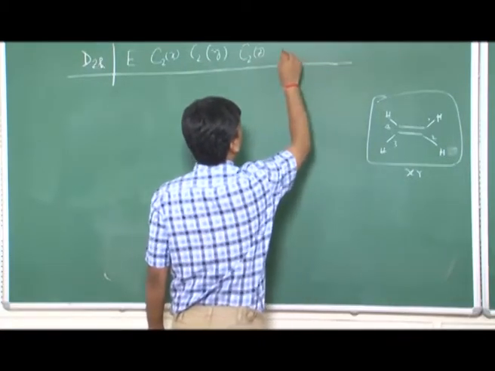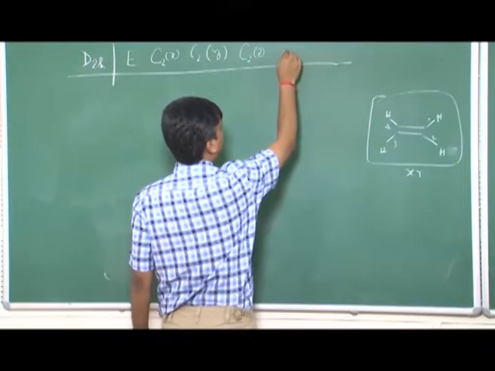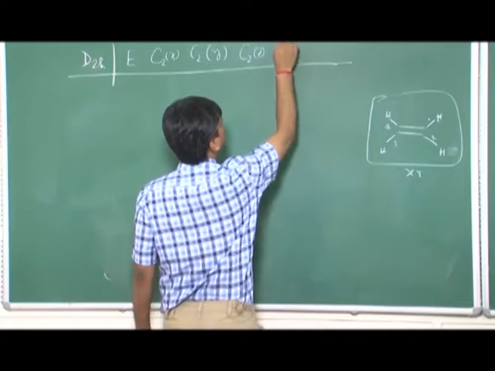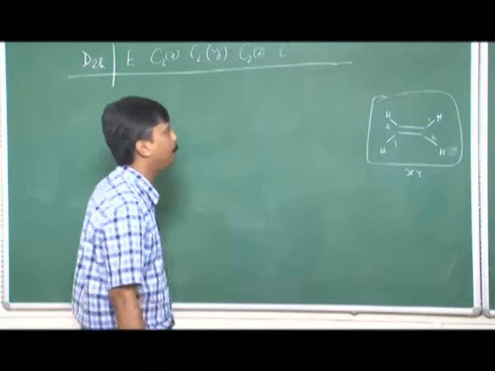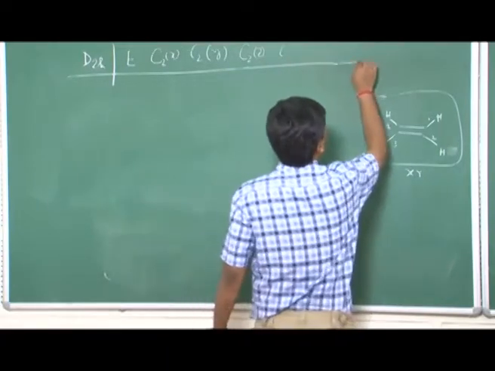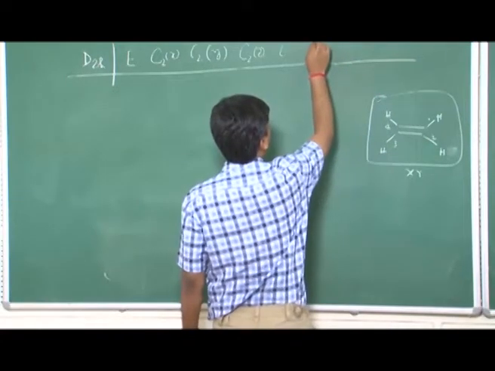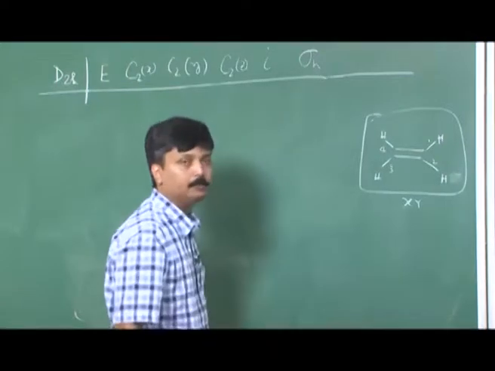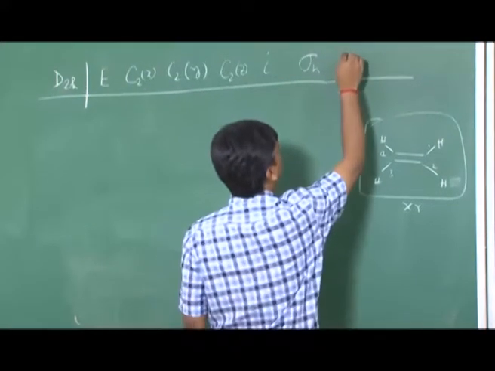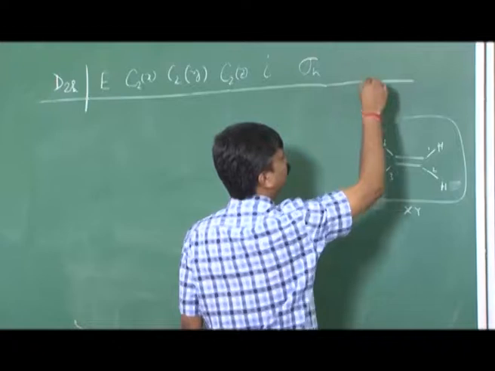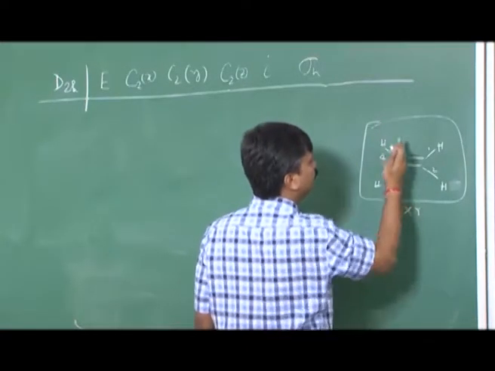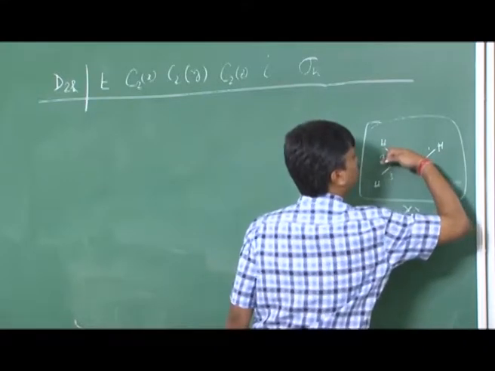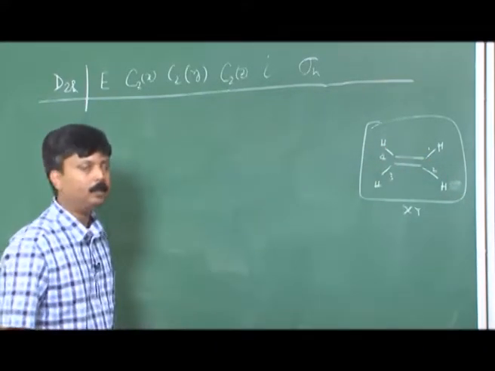And then you have i, right? And you have sigma h. You have these sigma d's, right? So you have one sigma plane here and one sigma plane here, correct?